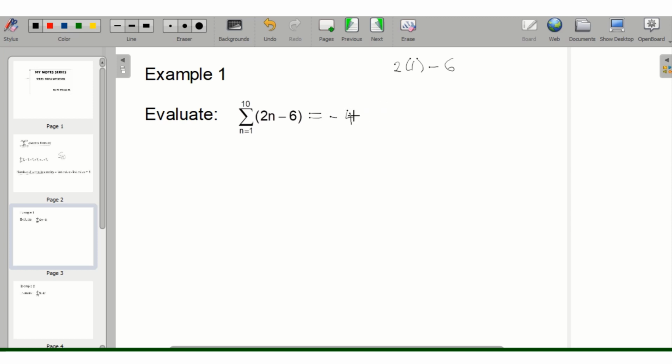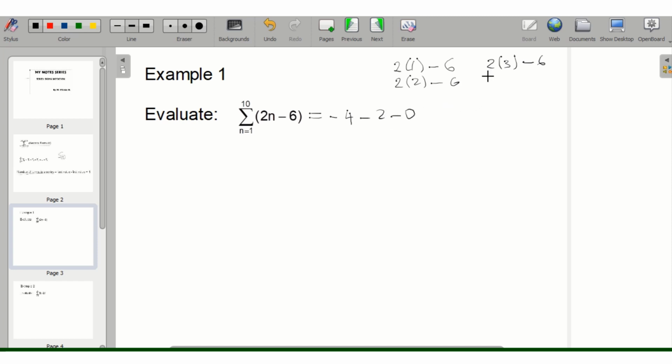And then you move on once more and you substitute 2, so that would be 4. 4 minus 6 is minus 2. And then if you substitute 3, 2 times 3 is 6. 6 minus 6 is 0.